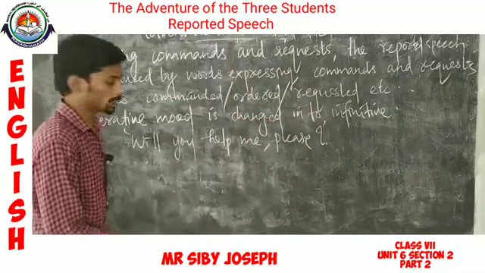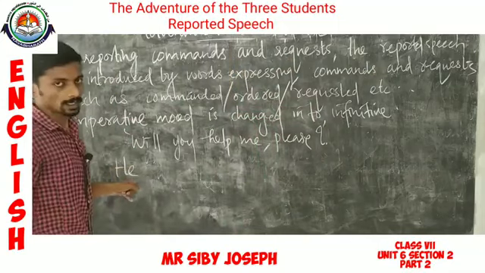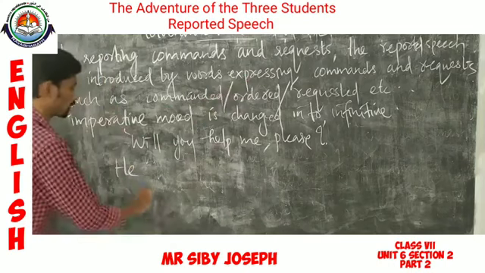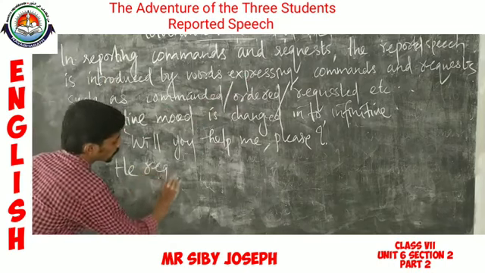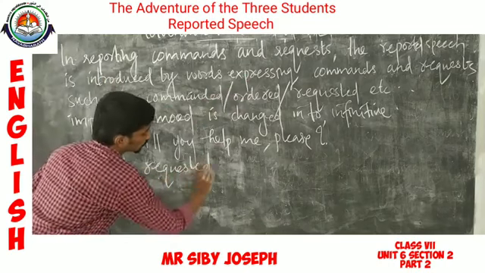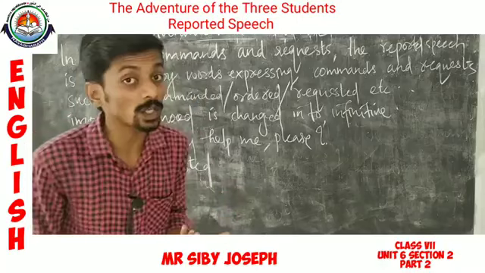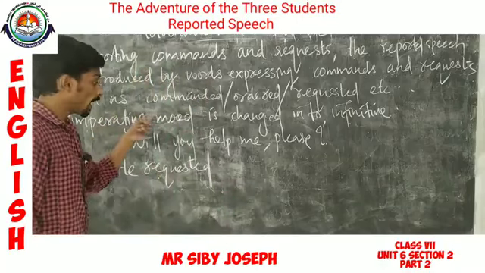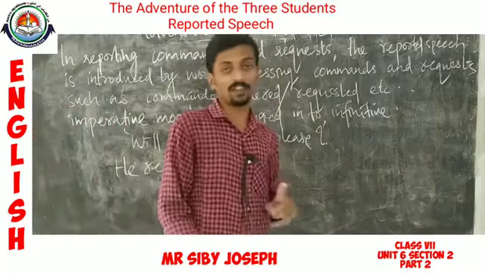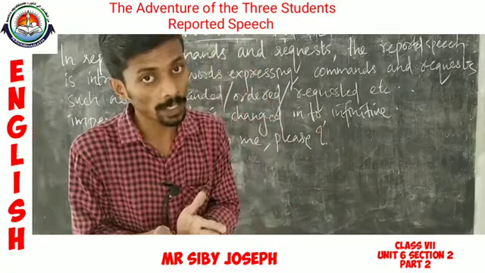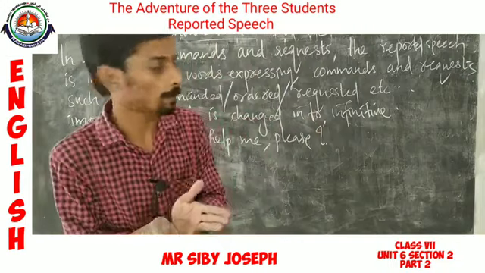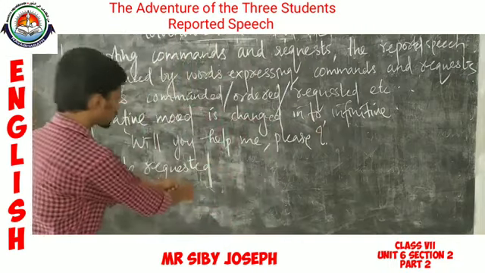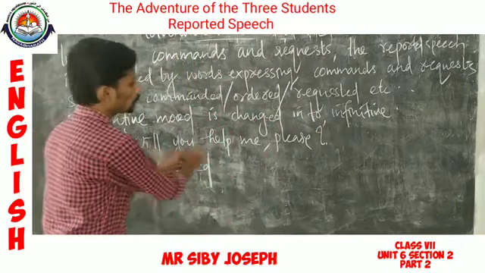Then the sentence will be: he, then the word expressing request. How will it be? Requested. He requested. "Will you help me?" is actually in imperative mood, and this will be changed into infinitive form. Infinitive form means to plus verb forms.